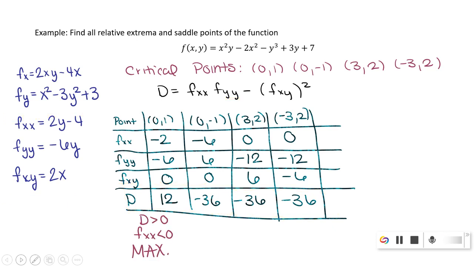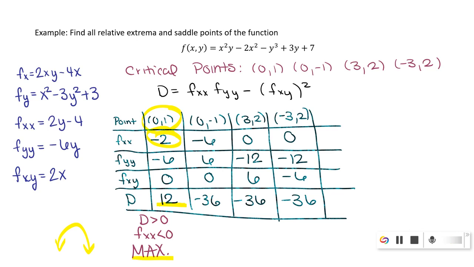And then finally, our second partials test says at the point (0, 1), our D value is positive. So anytime the D value is positive, you have either a max or a min. My f sub xx is negative. Negative is kind of like my concave down situation.